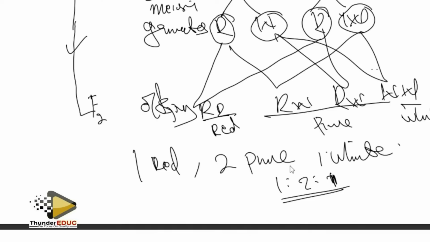If they ask you how many were red, or what is the percentage of individual plants which were red, then you have to say it's 1 out of the total. The total is 4 times 100. Then you give us the answer as 25%. Please don't forget that. All right.